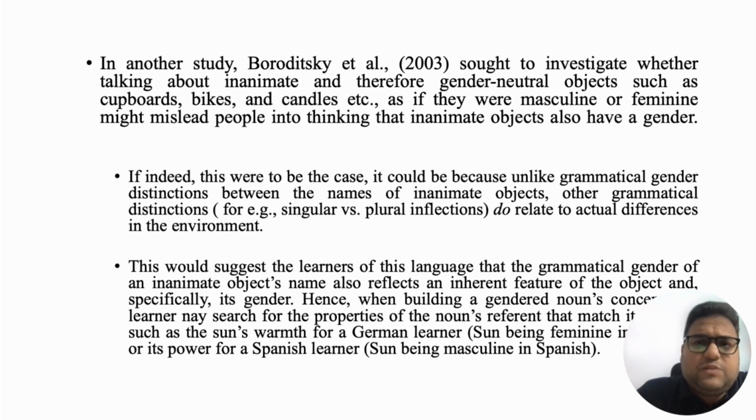If indeed this were to be the case, it could be because, unlike grammatical gender distinctions between the names of animate and inanimate objects, other grammatical distinctions, say for example singular and plural, do relate to actual differences in an environment.